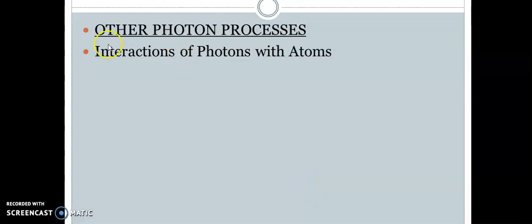And now we discuss the interactions of photons with atoms. We know that the emission of electromagnetic radiation from atoms takes place in discrete amounts. That means the emission is characterized by 1 or more photons.